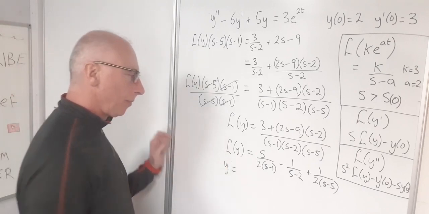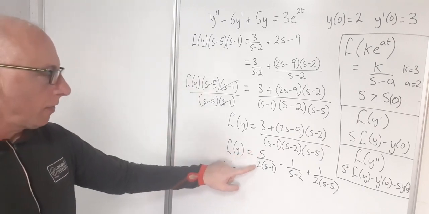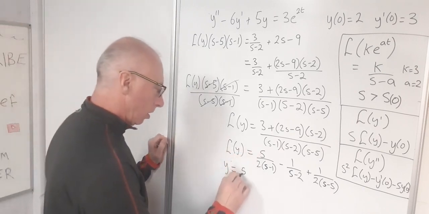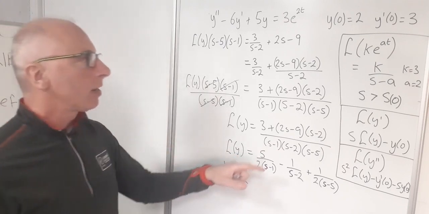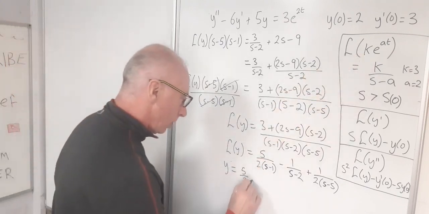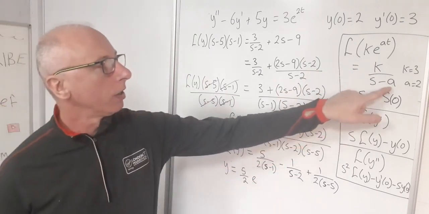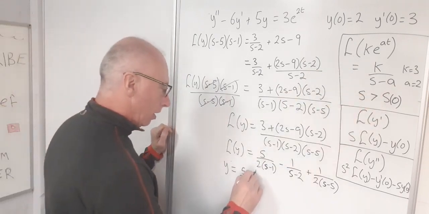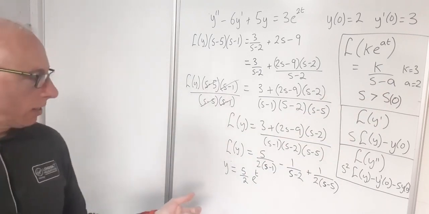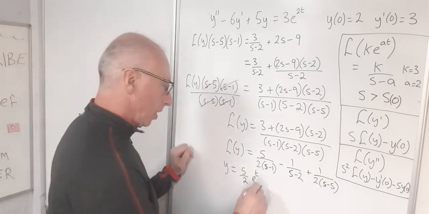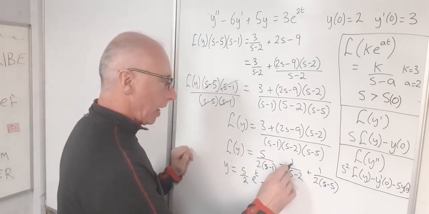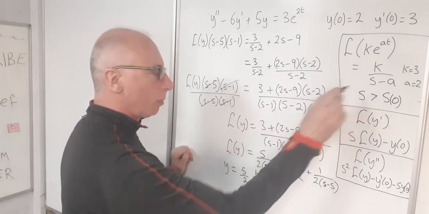That would equal, so I've got 5 over 2. And then it's going to be the exponential function raised to the power of t, where my a is just going to be 1. So that's going to be e to the t. So that takes care of that one. This one, here I've got my k is going to be 1 and my a will be 2.